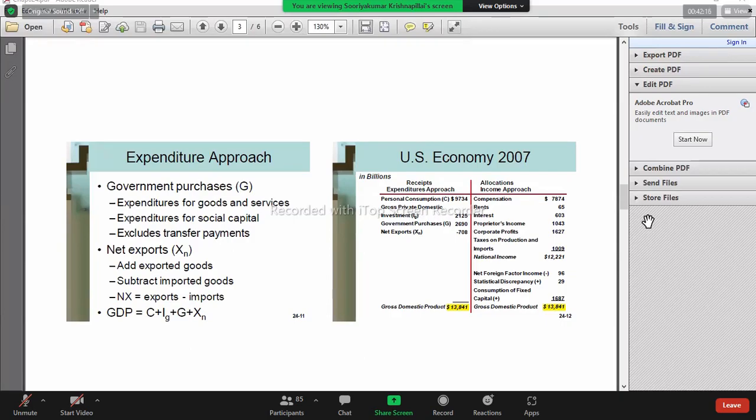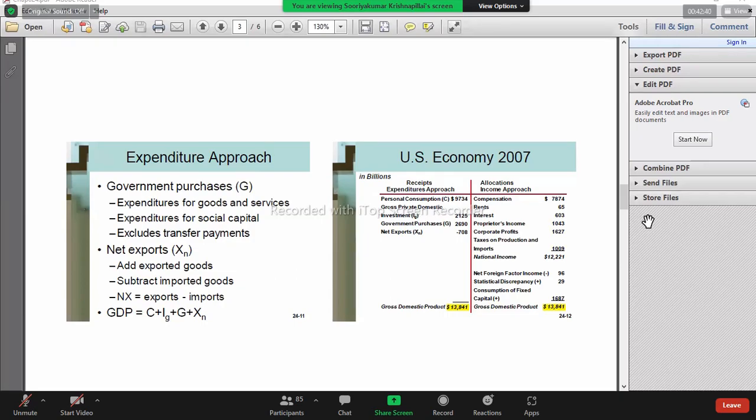So net foreign factor income is 96 billion dollars. That means the resources American supplies to produce in another country.